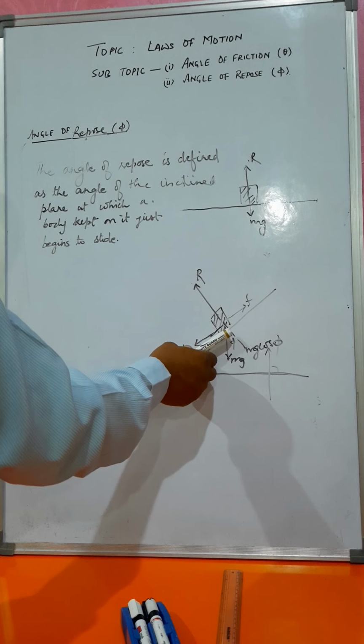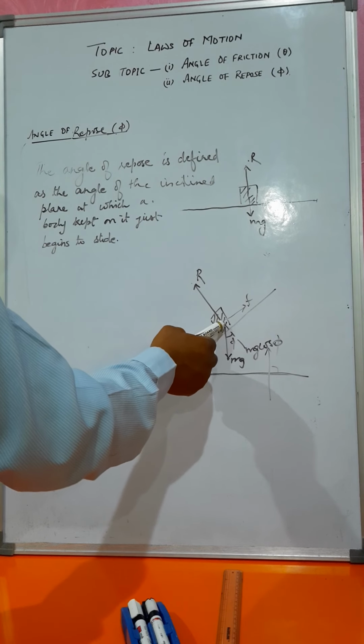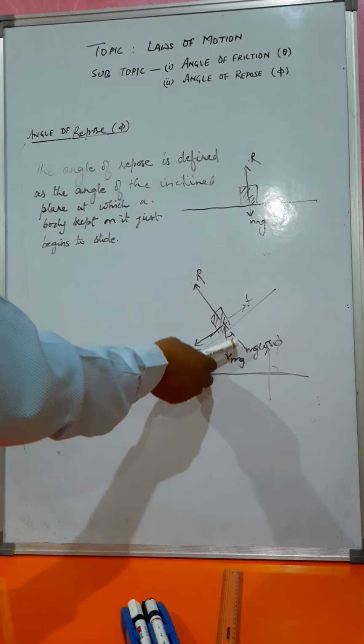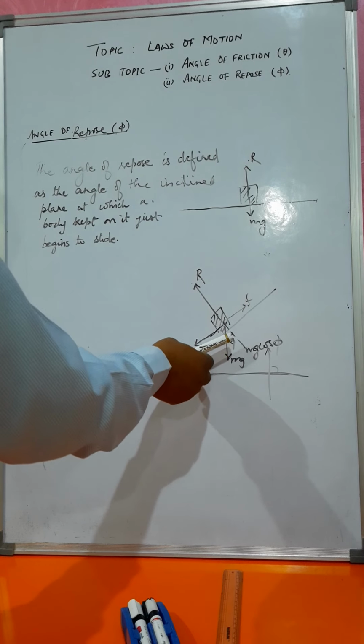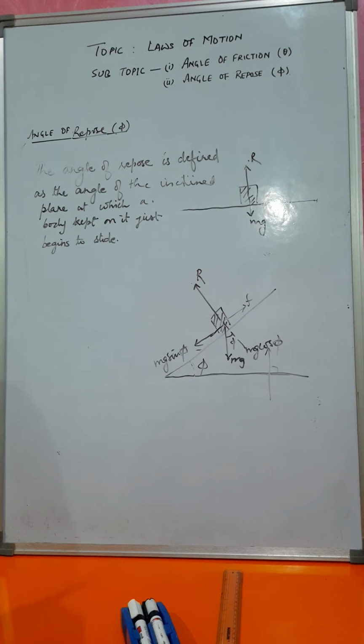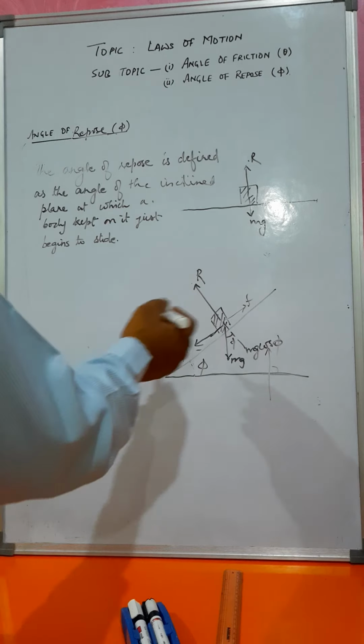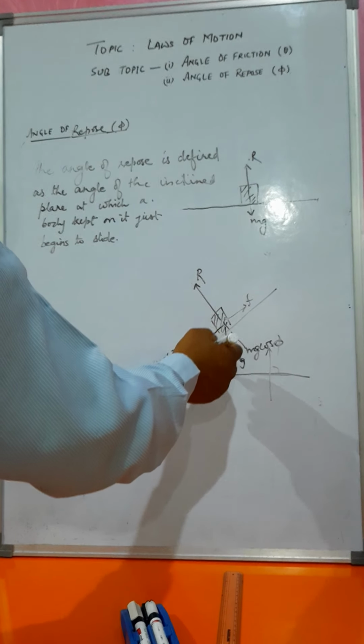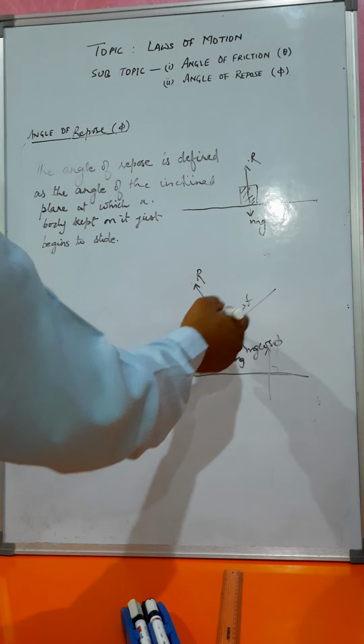Suppose this is the angle at which this body just starts sliding down, and above this angle, greater than this angle, the body will move in the downward direction. So at this position, the body remains stationary due to the force of friction.